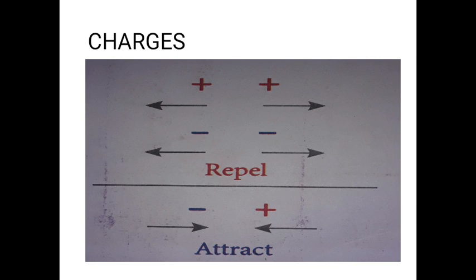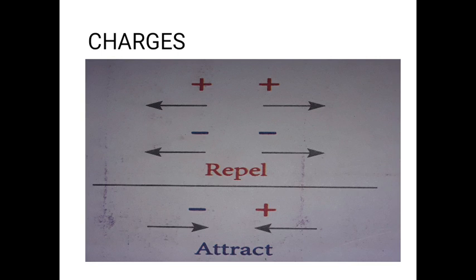Proton carries positive charge, electron carries negative charge. Previously we said proton and electron attract each other. Why? Because they have unlike charges.